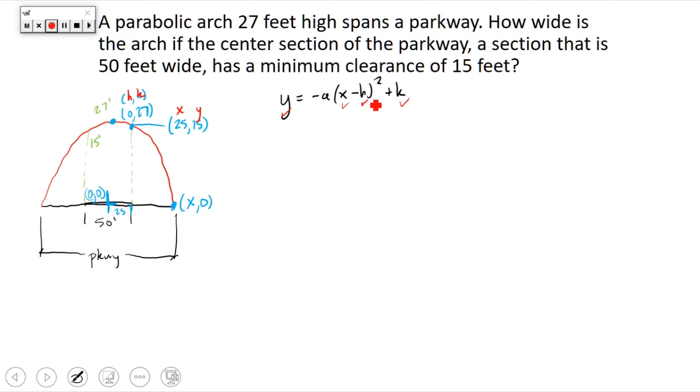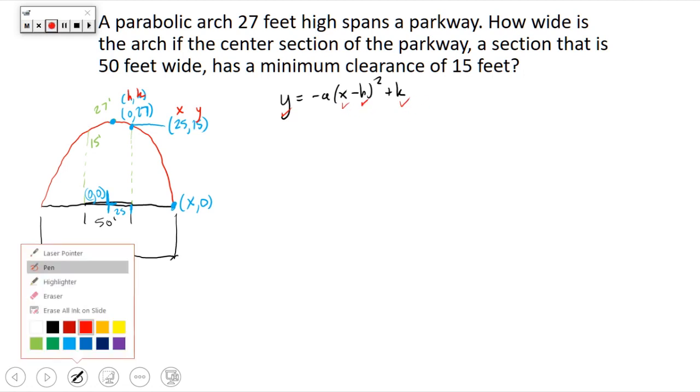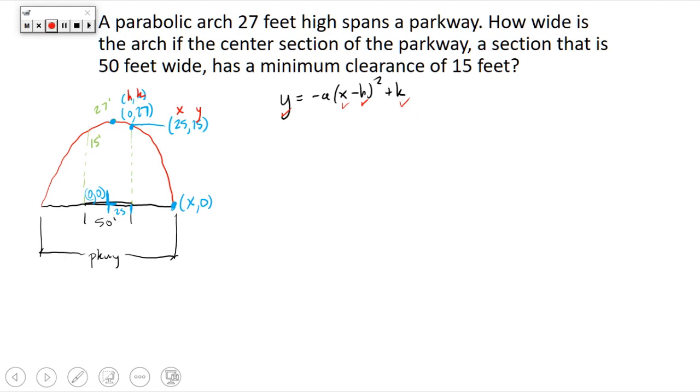So we have all these things, so we're just going to plug them in. So y is 15. Negative a is what I'm trying to find. x is 25. h is 0, so minus 0 squared, plus k, which was 27.